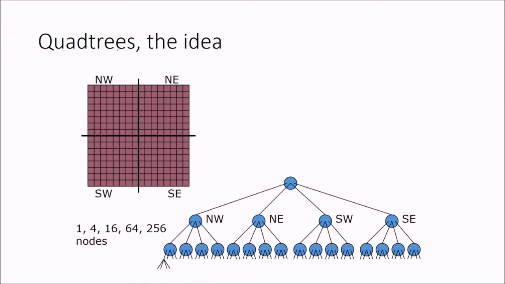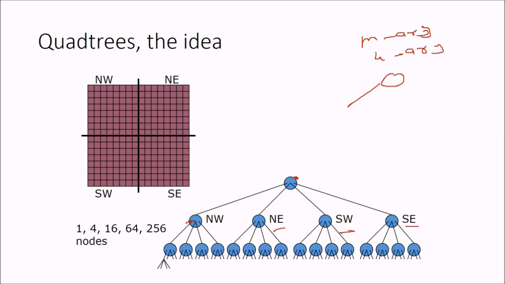See, the idea of the quadtree is this. We start with a node, that is the root node, and then this one is the northwest. Every node has, this is an M-ary tree, where M is 4, that is why it is called a quadtree. So this main node has 4 children: northwest, northeast, southwest, and southeast.